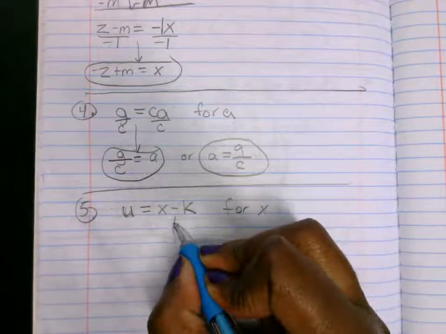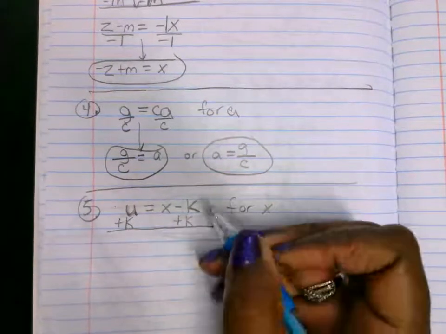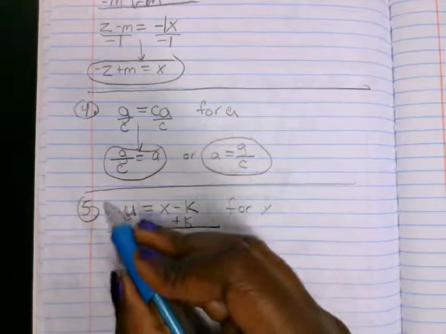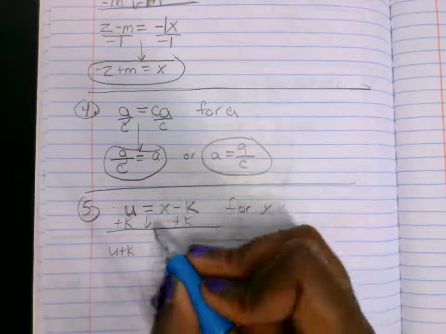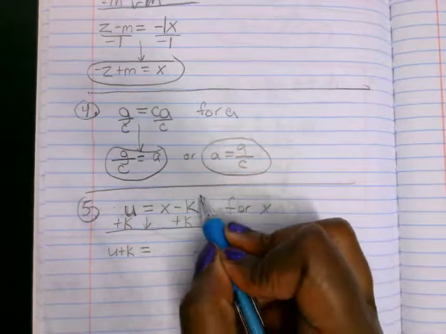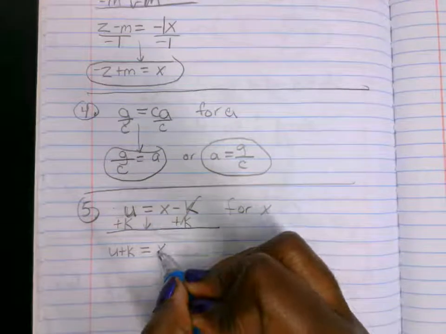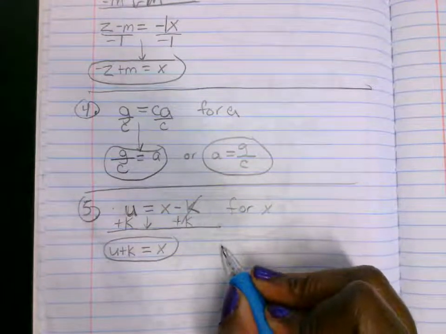Add K to both sides. Very good. What do you get on this side? U plus K. And then on this side, you get 1X. What's another way to write it? X equals U plus K.